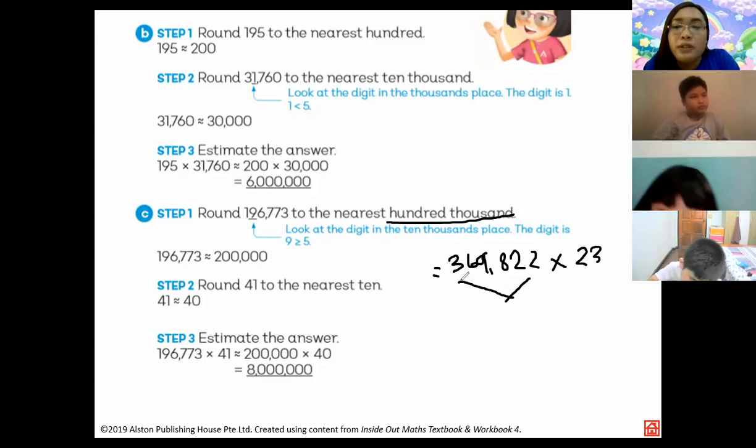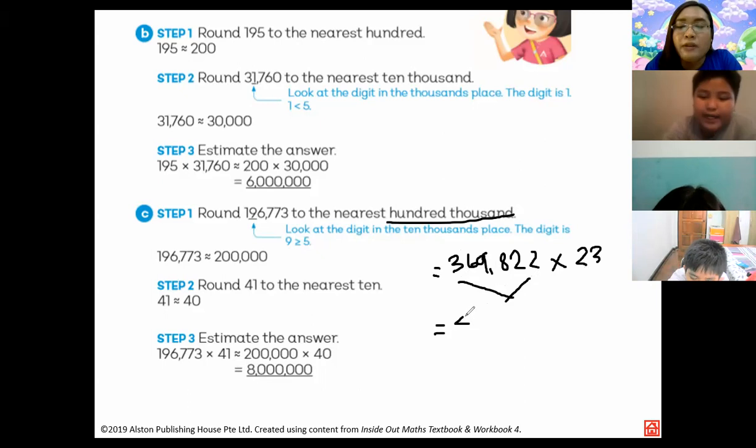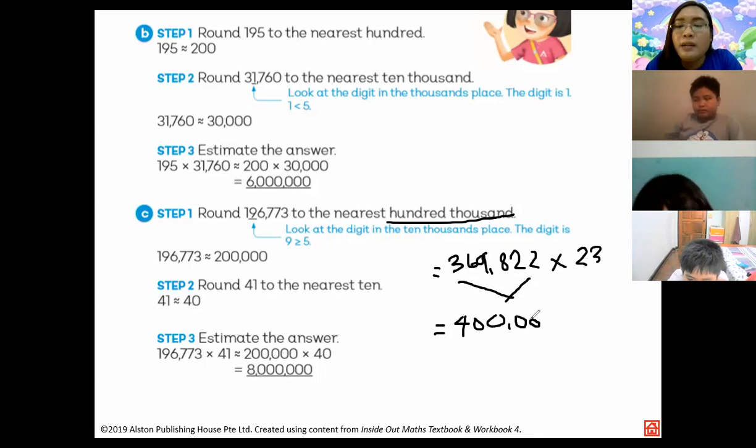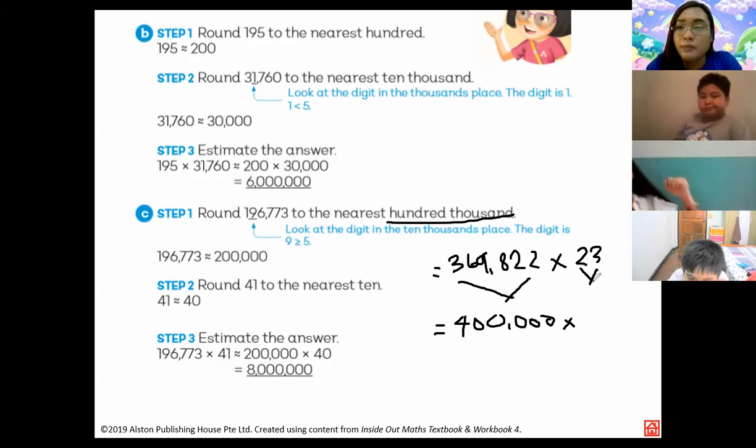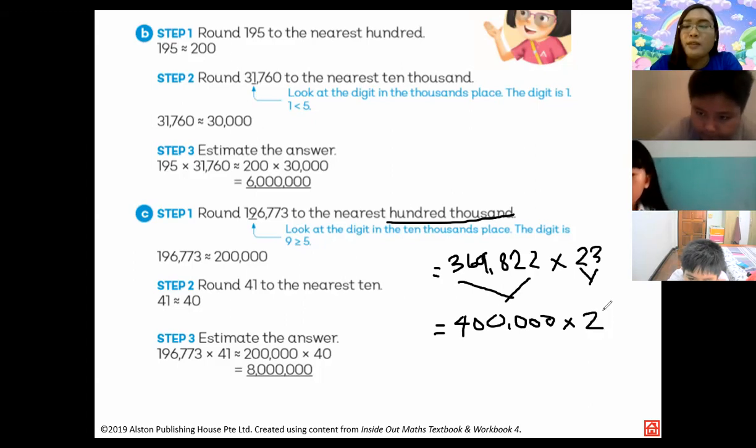What is the rounded number of 369,822? 400,000. Very good. And can you also round 23 to the nearest 10? 20. Okay, so that's 20.